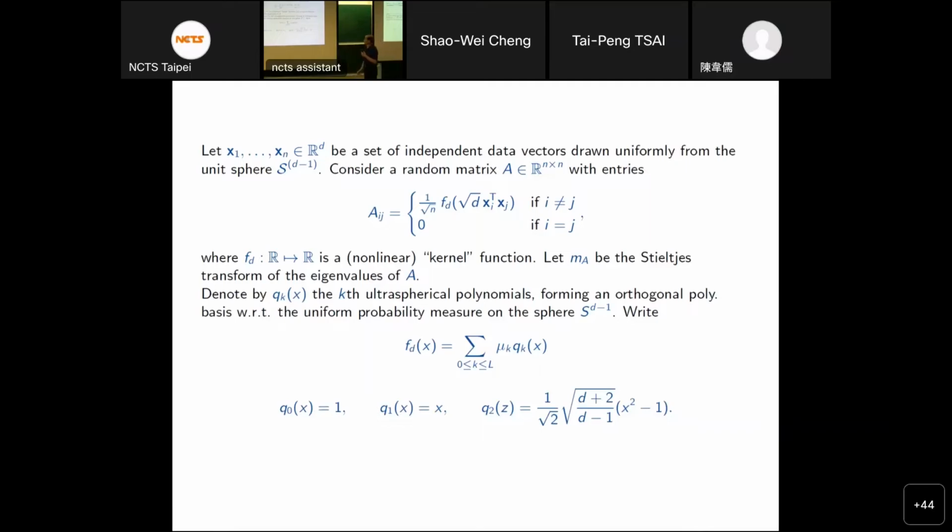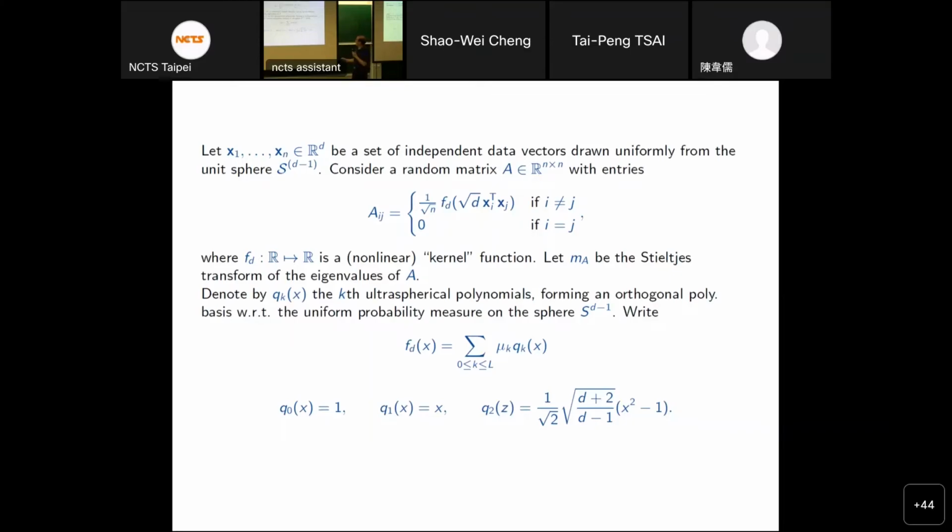Now, how do we understand the eigenvalues of these models? What we find is the following. You take this nonlinear function and decompose it into spherical harmonic functions.